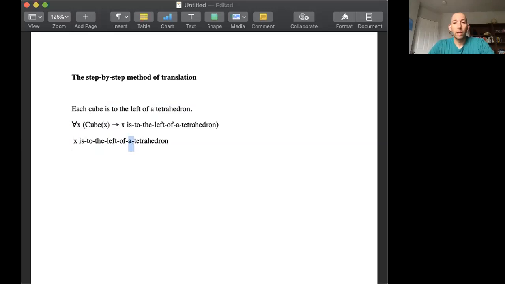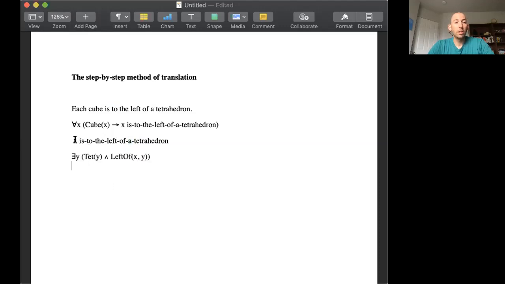If we replaced the x with a name, then we would have something like: there exists a y such that y is a tetrahedron, and if we had b as x, b is to the left of y. And if we think about what b was in the first place, it was just a variable.